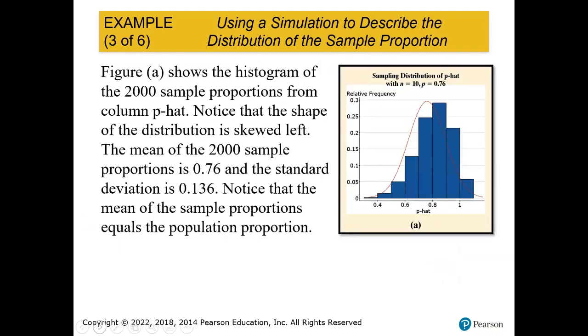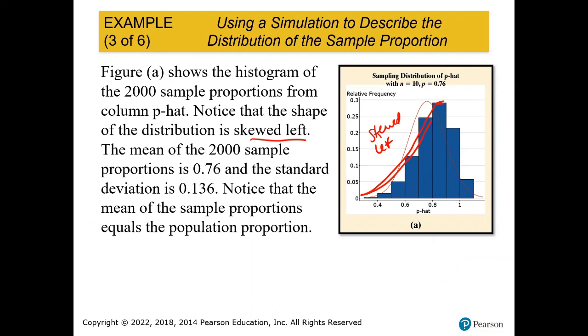So here we go. Our distribution here is, I would say, not quite normal. It looks like our peak is over here and we've got a lot more to this side. So this is skewed left, which it does say right here. Notice the shape of the distribution is skewed to the left. The mean of 2,000 sample proportions is 0.76.